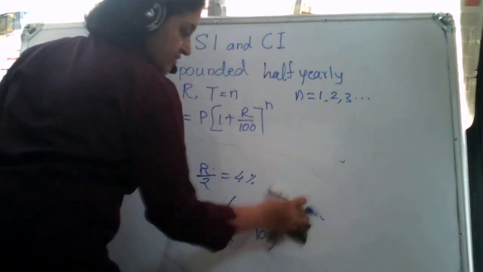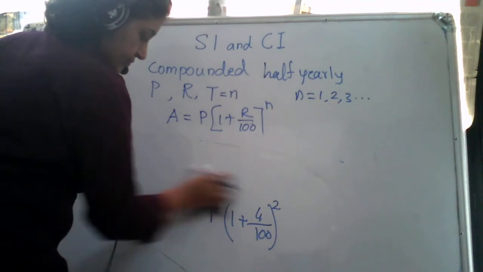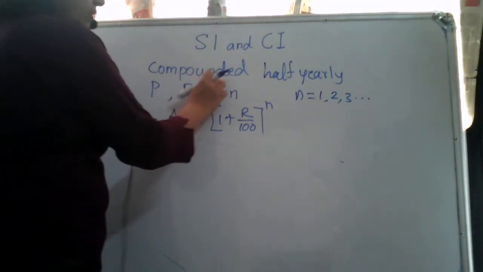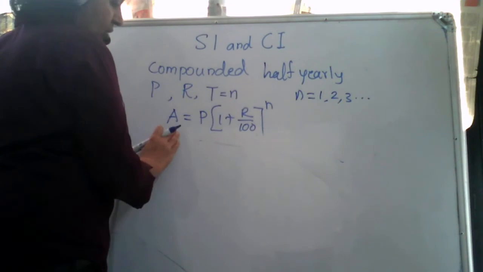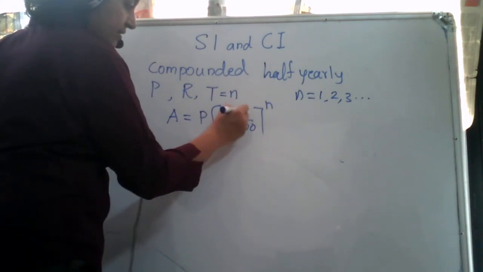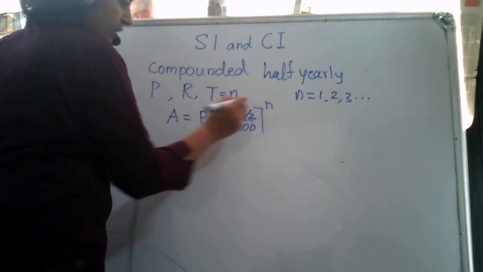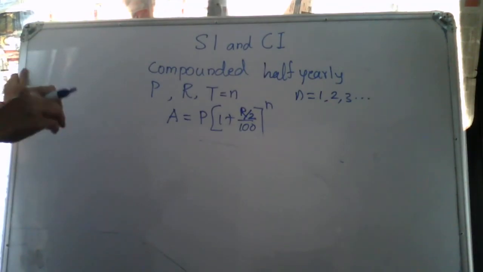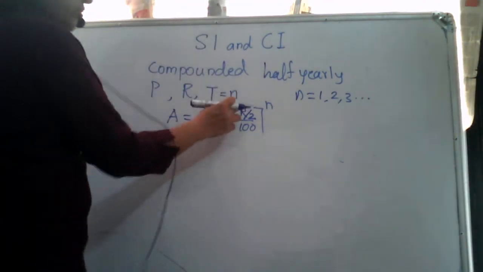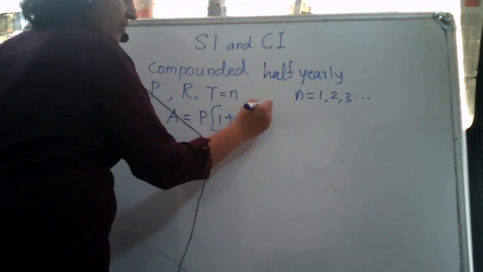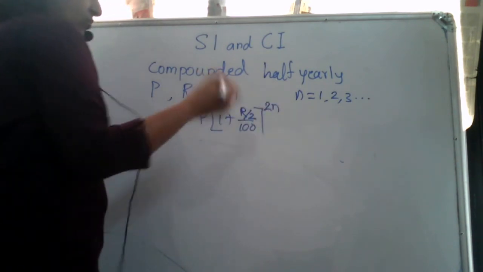look at the changes very carefully. When compounding is done half yearly, amount is given by P into bracket 1 plus R upon 2, means whatever is given as R per annum, R is 10% per annum, then you should write R upon 2, that much. And here n will become 2n, means number of years.